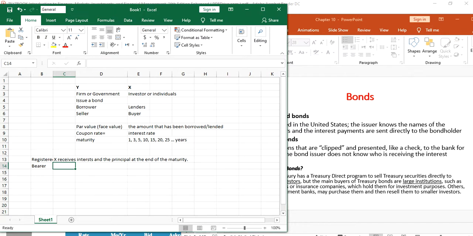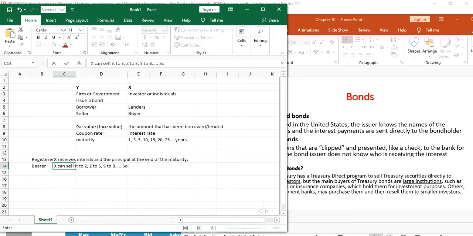In the bearer bond, X can sell it to Z, Z to S, S to B, and so on.